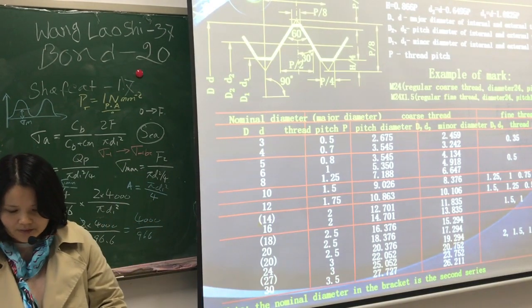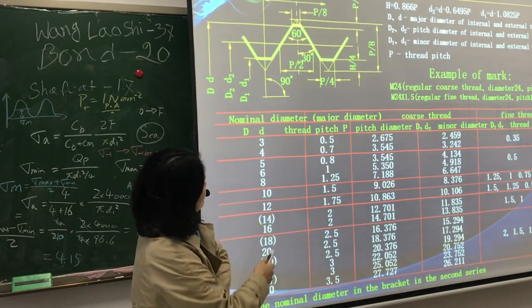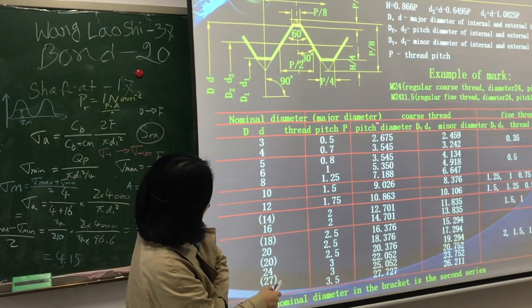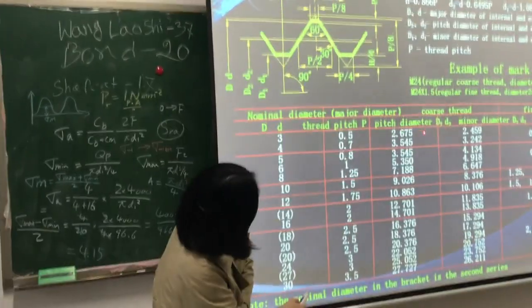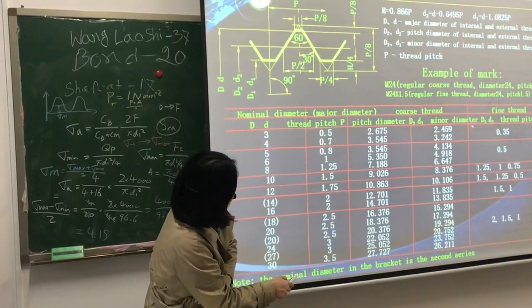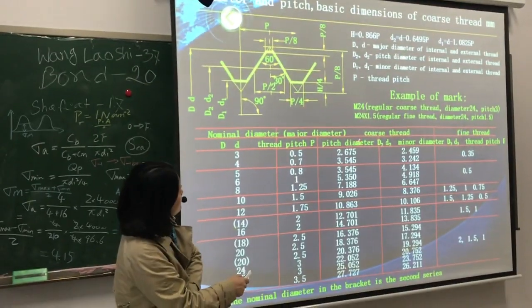This is the diameter and pitch dimension of the coarse thread, and this is for the coarse thread, and this is for the fine thread.